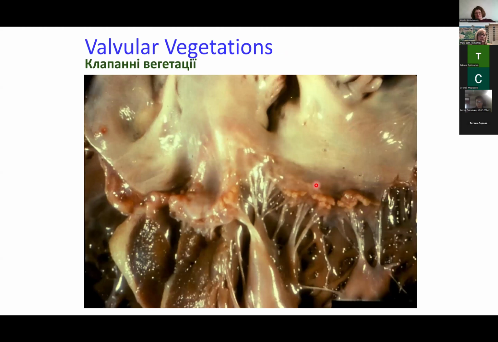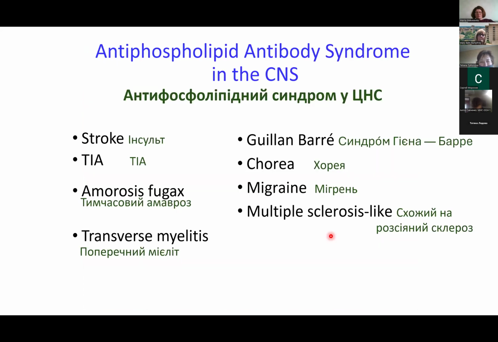This is from an autopsy of a patient that had antiphospholipid antibodies and antiphospholipid syndrome. And these are the little vegetations of antiphospholipid antibodies and platelets and stuff that are stuck on the valves. So antiphospholipid syndrome can also affect the CNS.